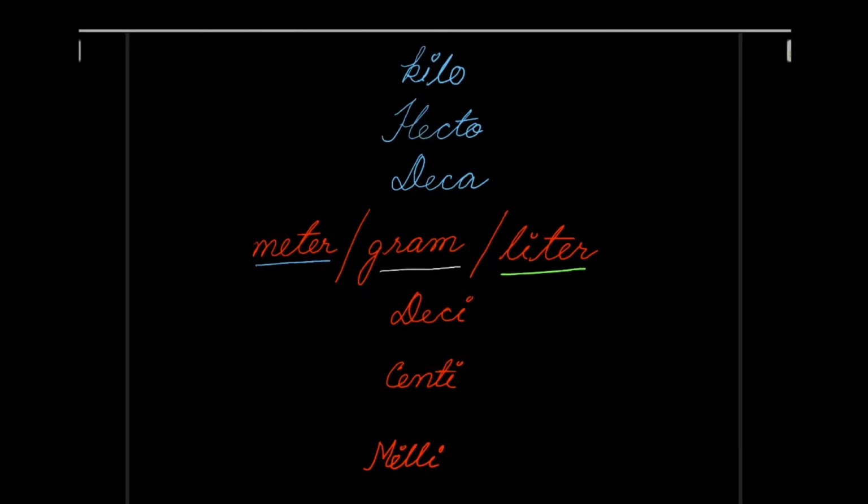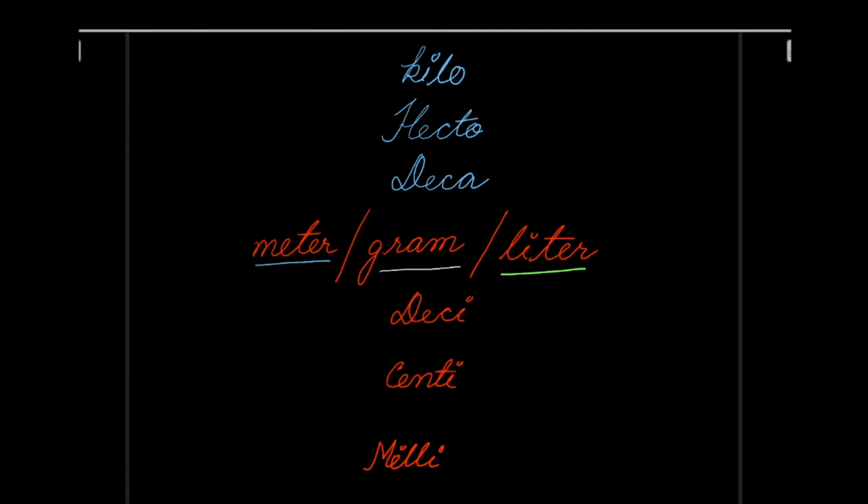Okay. So always where there is kilo, that will be the greatest. Largest. After that, hecto. If you want meter, then hectometer. If you want gram, hectogram. If it is a volume, then it will be hectoliter. Then deca: decameter, decagram, decaliter.